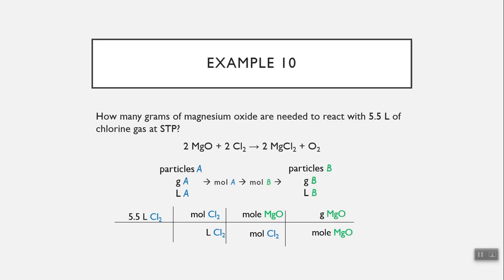Again, copy down your units. Moles over liters, that's your molar volume. Moles over moles, that's your molar ratio. Grams over mole, what is that? That's your molar mass, right? So the molar mass of magnesium oxide is 40.31 grams. Like units cancel out, multiply, divide, and get an answer of 9.9 grams of magnesium oxide.